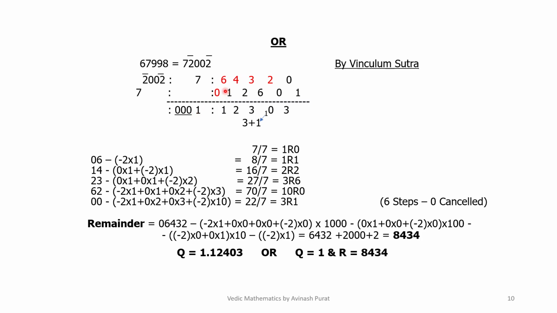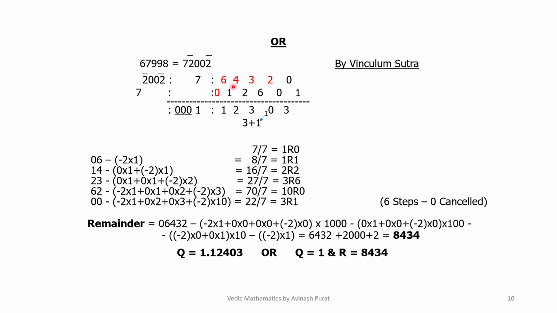So next is 0.6 is dividend minus 2 minus 1 minus 2 multiplied by 1. So 6 plus 2, 8 divided by 7. We get 1 quotient and 1 remainder.